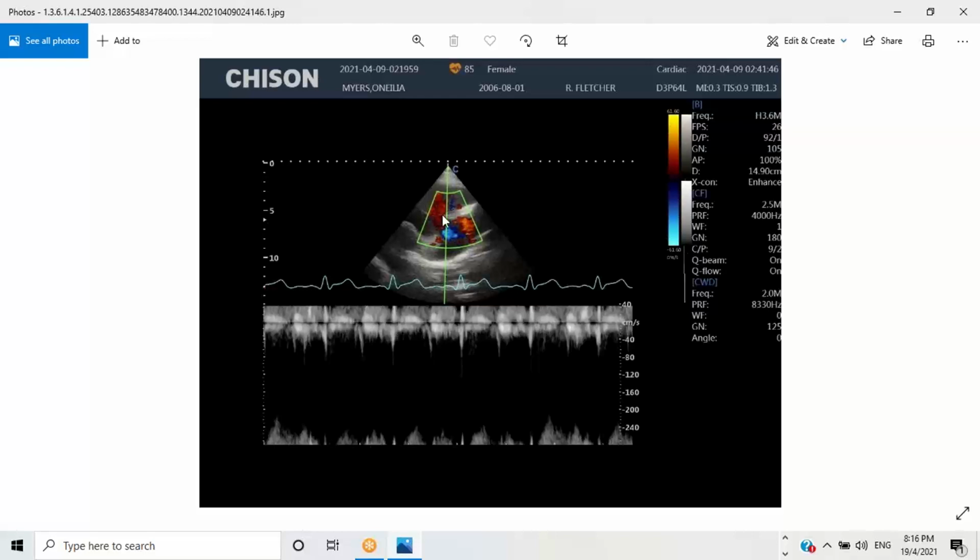The flow is from the RV, right ventricle, across the tricuspid valve into the right atrium. So it's moving away from the transducer. So it's going to be varying shades of blue, but somewhat a mosaic. It's not a lot of tricuspid regurgitation, so the corresponding Doppler is not significant. It doesn't look significant.